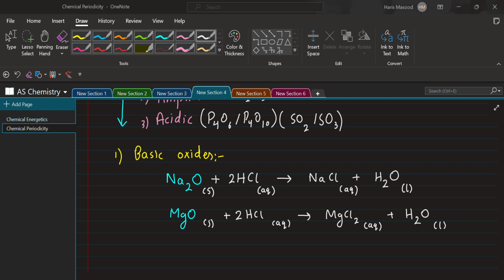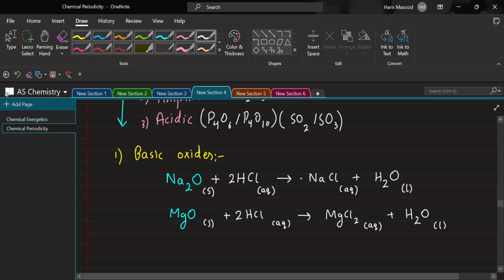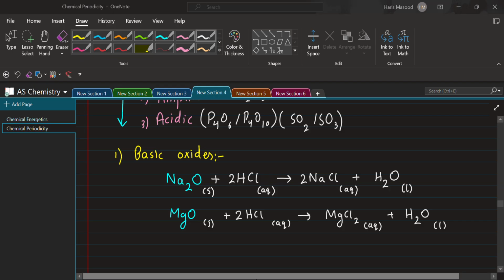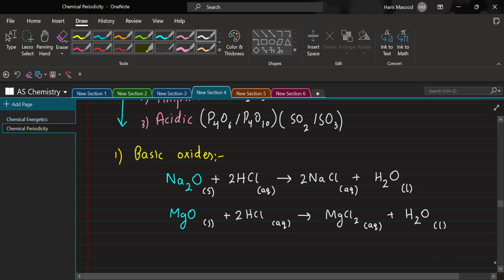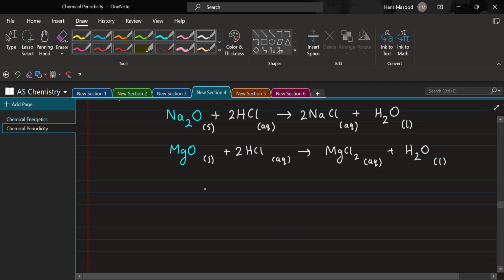Okay, so this is the whole concept for the basic oxides. They will just do the neutralization reaction. But now for the amphoteric oxide, which reacts with both bases and acids.